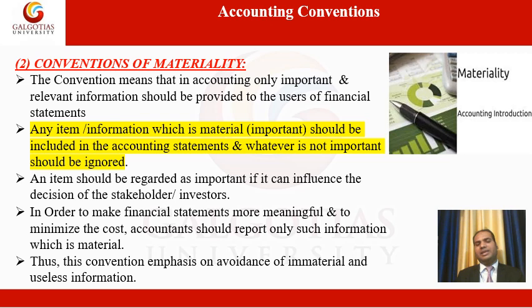An item should be regarded as important if it can influence the decision of the stakeholders or investors. In order to make financial statements more meaningful and to minimize the cost, accountants should report only such information which is material. Thus, this convention emphasizes avoidance of immaterial and useless information.